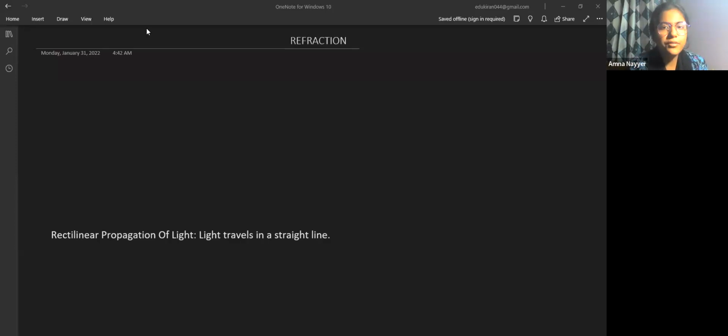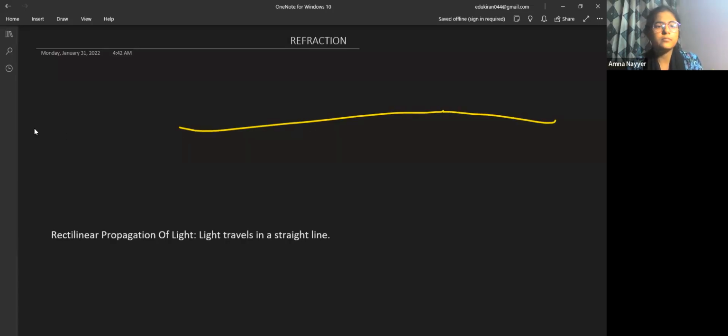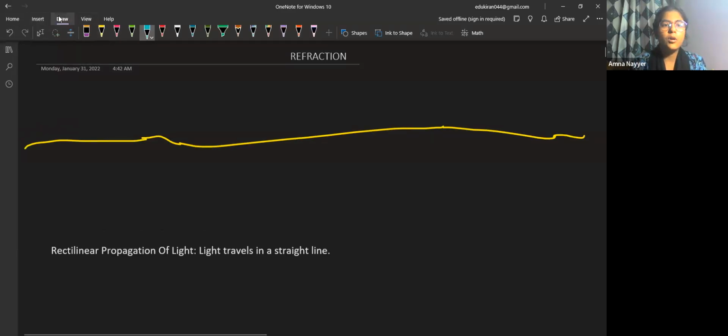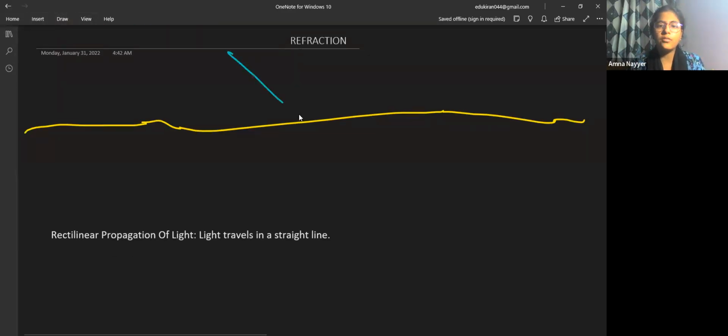Now, what is meant by refraction? Refraction is a very simple phenomenon. A surface is there. This is a surface, an irregular random surface I have to take. Now, on this surface, if a ray of light strikes, its work was to pass like this, right?